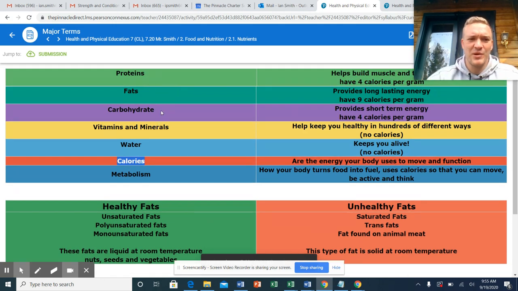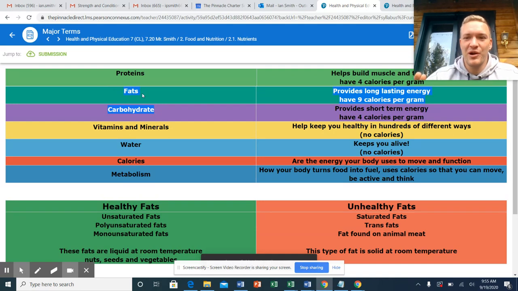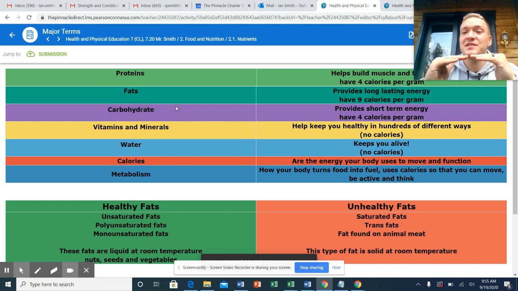So we could eat nothing but lean chicken and broccoli. It would be very, very difficult to do. You would have to eat a lot of broccoli and a lot of chicken. But say you burn 2,000 calories a day, which is a very average amount for a human being to burn in a day.